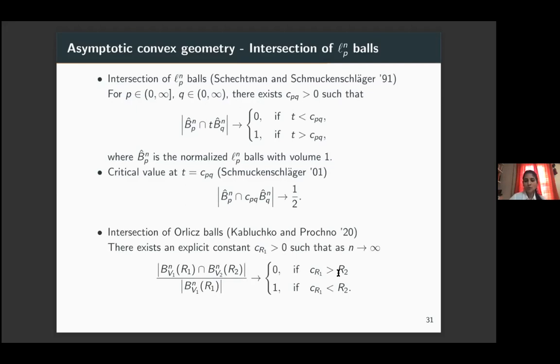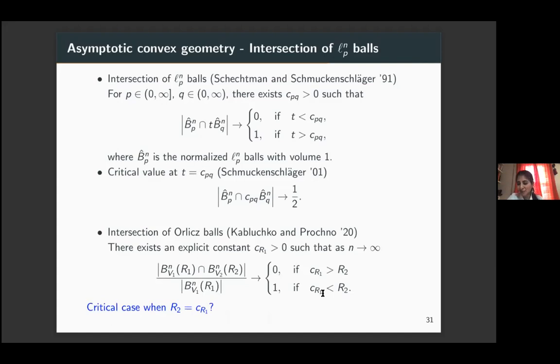So you have this 0, 1 feature over here, where if a certain constant R1 is greater than R2, then it's 0. If it's less than R2, then it's 1. So the ratios of these. So of course, the question is then what happens in the critical case? And what they used is a large deviation estimate, because now remember, when you have Orlicz balls, you don't have this representation.